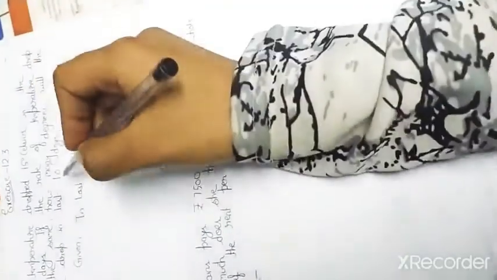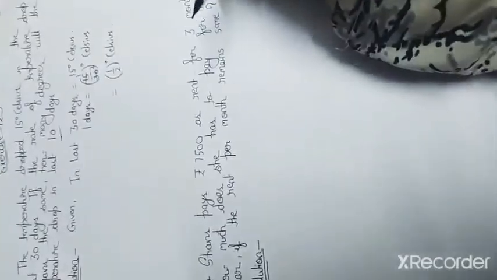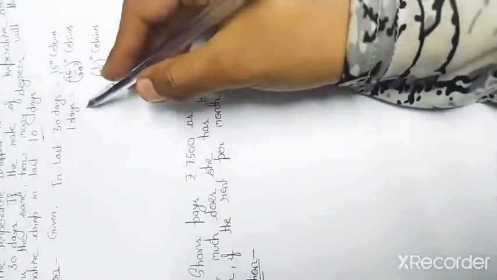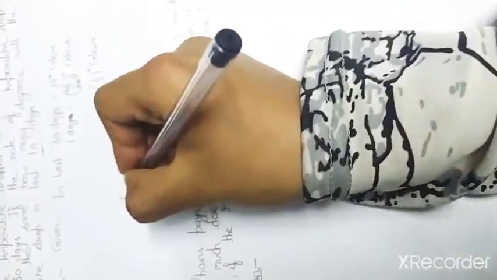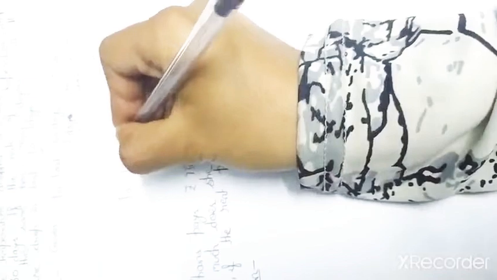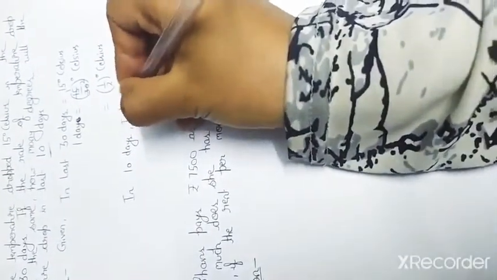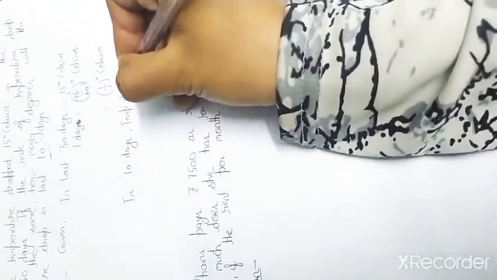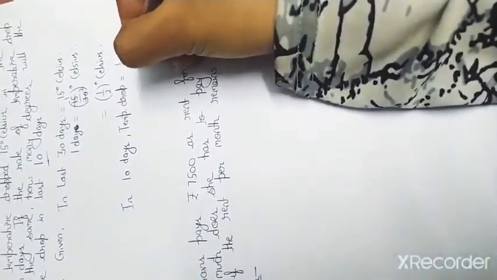Now they are asking what is the temperature drop in the last 10 days. So if we find it out for one day, then in 10 days the temperature drop will be equal to 1 by 2 multiplied by 10.